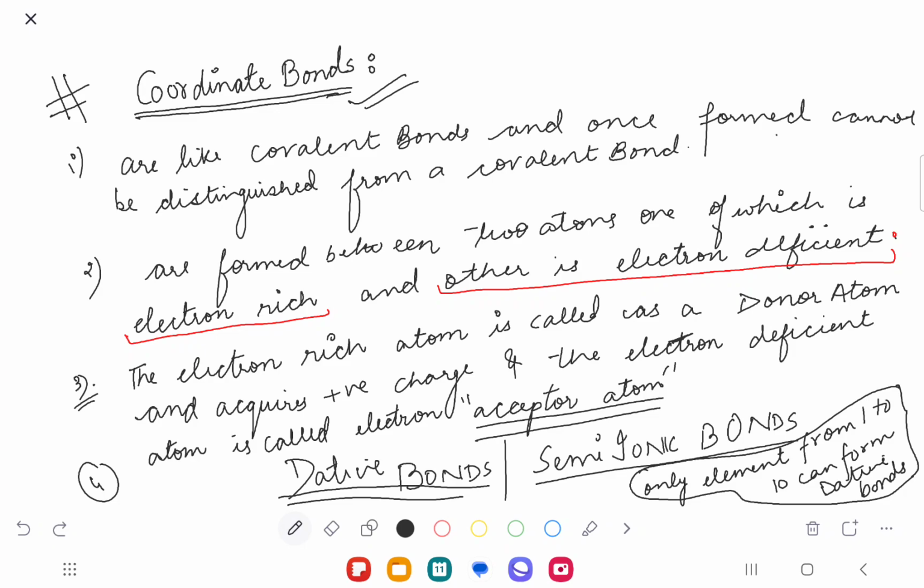The dative bond or the coordinate bond is basically a concept where we say that the atoms can't expand their octet, so they form coordinate bonds.